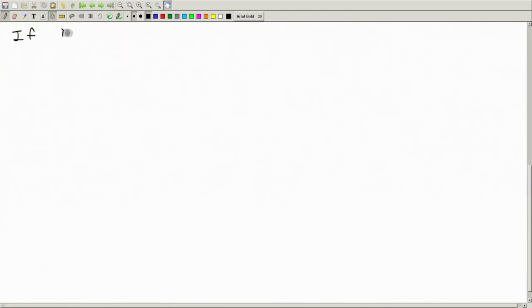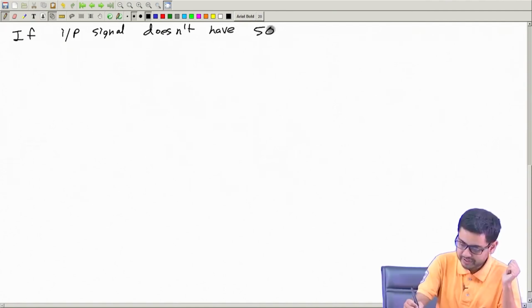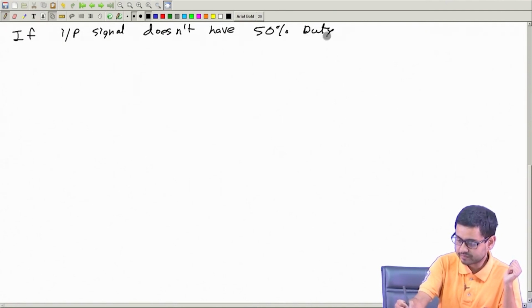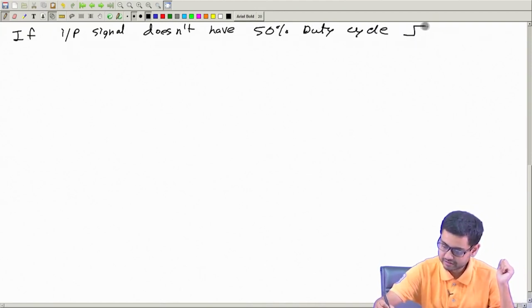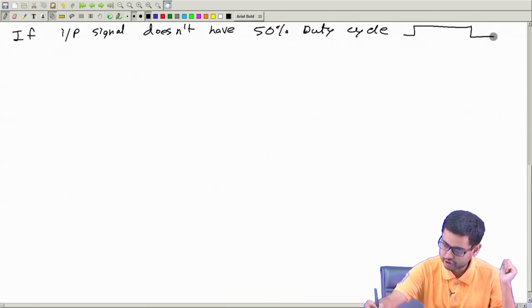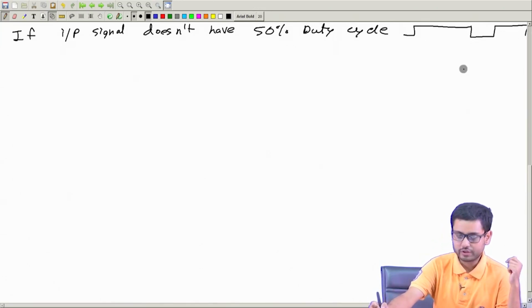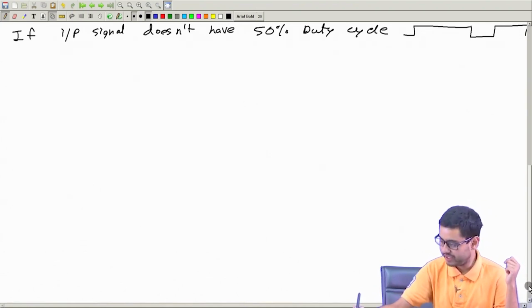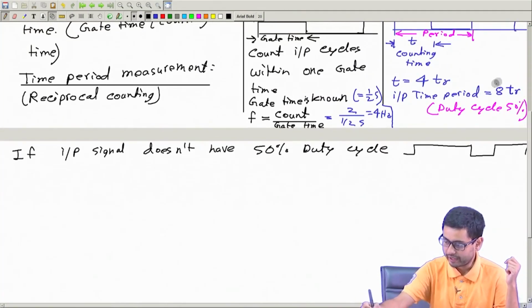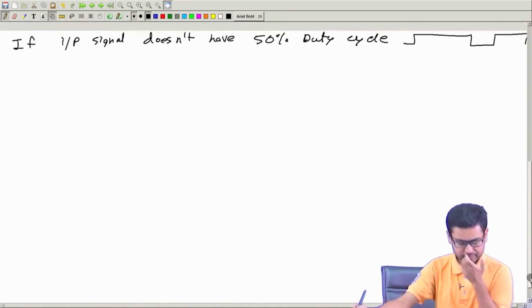If the input signal does not have 50% duty cycle, it's like this, say long on time and short off time. Then we cannot simply multiply by a factor of 2 and get the time period. So, what can we do?